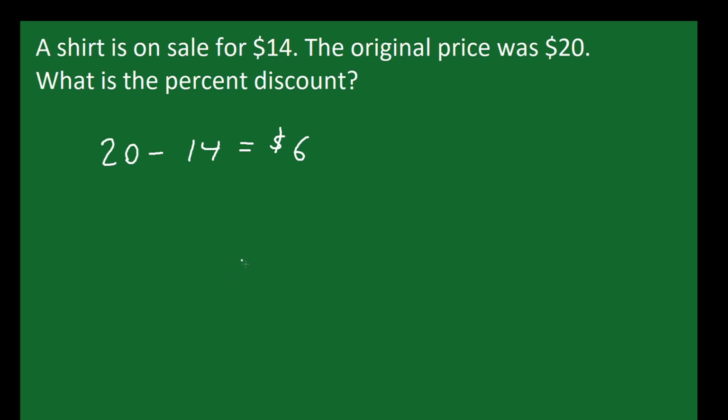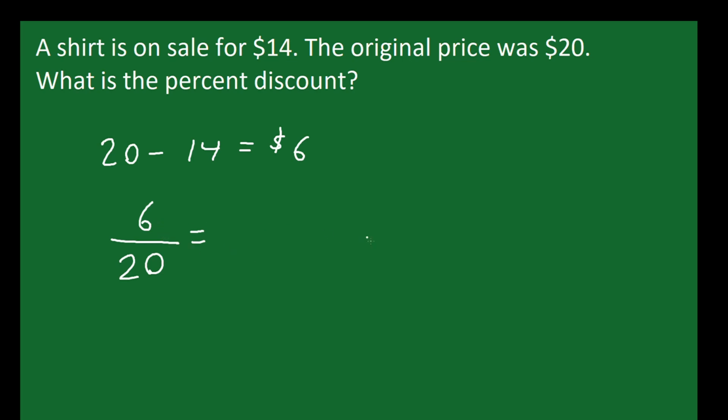So whenever we talk about a percent change, which we'll talk about in a minute, it's always out of the original amount. So $6 out of 20, right? Your portion over your base, right? That's going to equal your rate using that formula.